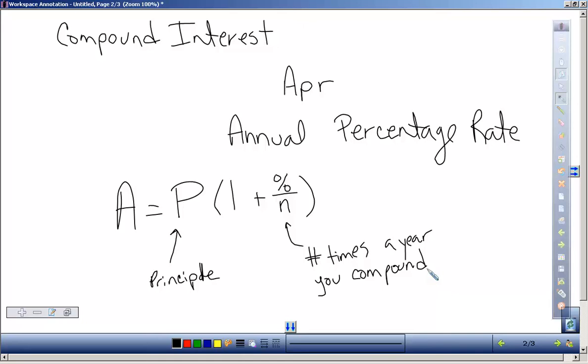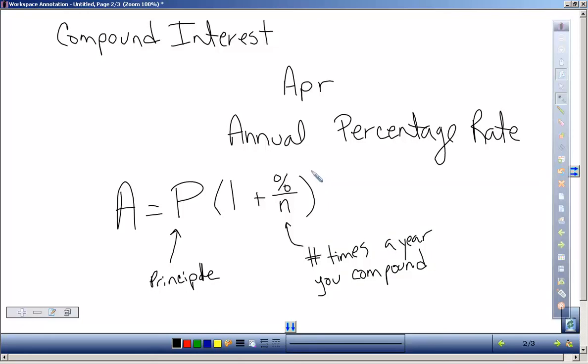So if it's monthly, that would be 12 times a year. If it's quarterly, that's once every 3 months, that's 4 times a year. Annually would just be once a year. Daily would be 365 times a year. So you have to take your percentage and divide it by the number of times that you're compounding each year.